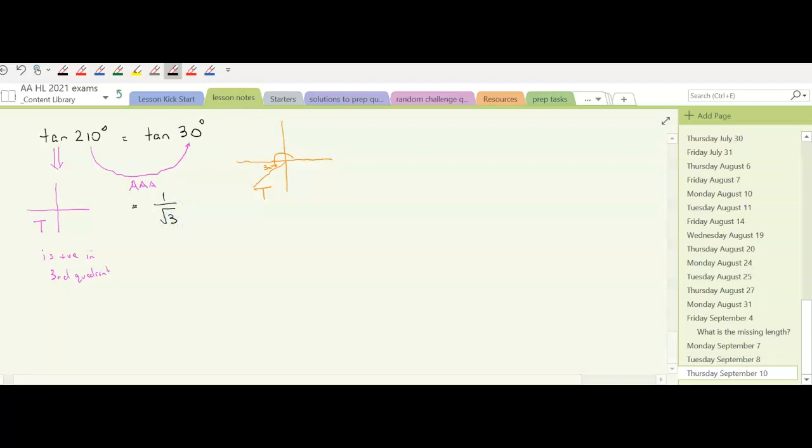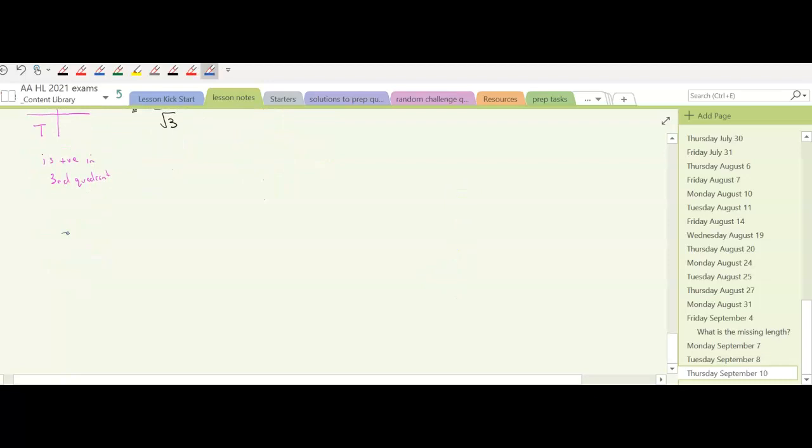Great. Here's another one for you. Do sine 120 degrees. Pause the video. Okay. Sine 120. I'm in this quadrant here. That's 120 degrees there. So this angle in here, my associated acute angle, is 60 degrees.